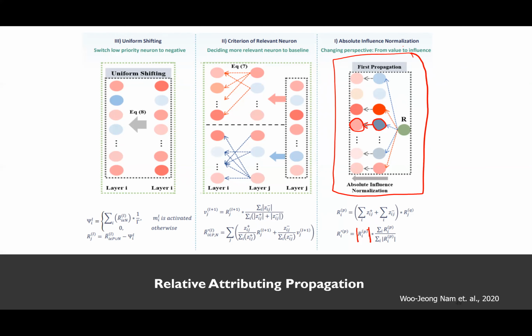And also, this method has a unique property called uniform shifting. As we do batch normalization in the training procedure, we also apply a uniform shifting, like batch normalization, to normalize the signal into positive and negative ones.